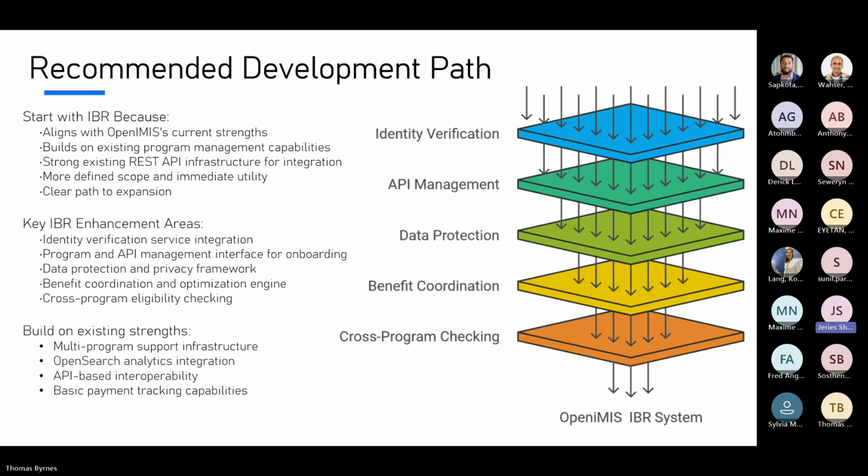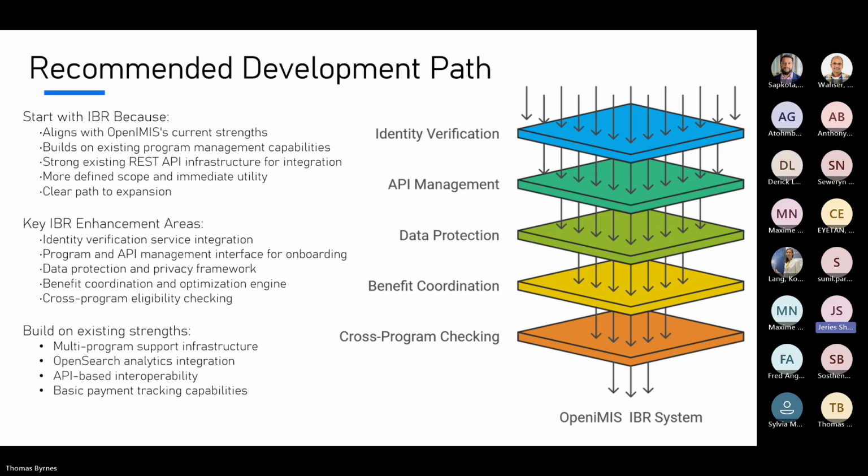Then proper API management, as the IBR captures data from multiple program systems, not only from within the same system. So it will need a proper API management interface for the onboarding and for all the transactions with the registry. The other thing is to make sure that the data protection and privacy framework is properly implemented and expanded there.